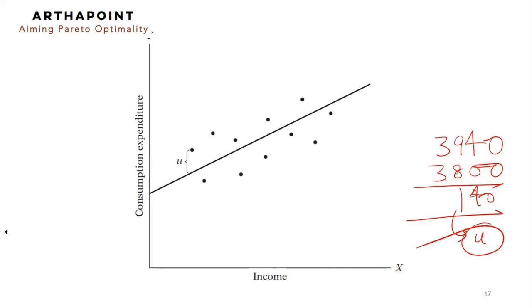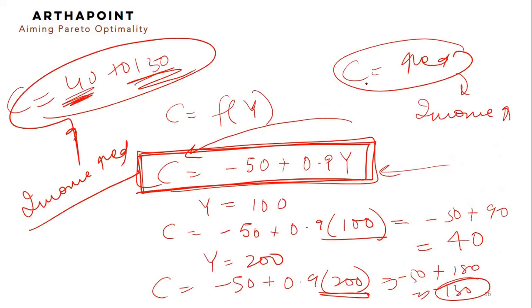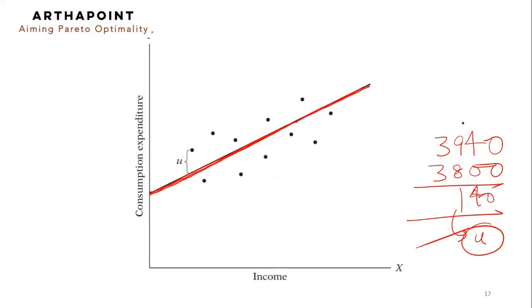This is the line you predicted. This line is what you predicted for me. We wrote another line, right? Which was C is equal to minus 60 plus 0.80y. You predicted this line for me. So according to this line, I'll make this plus 60 for now.